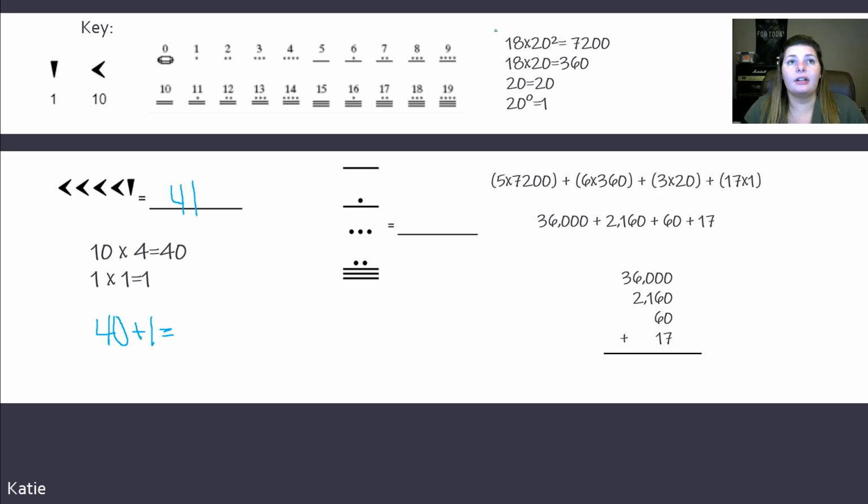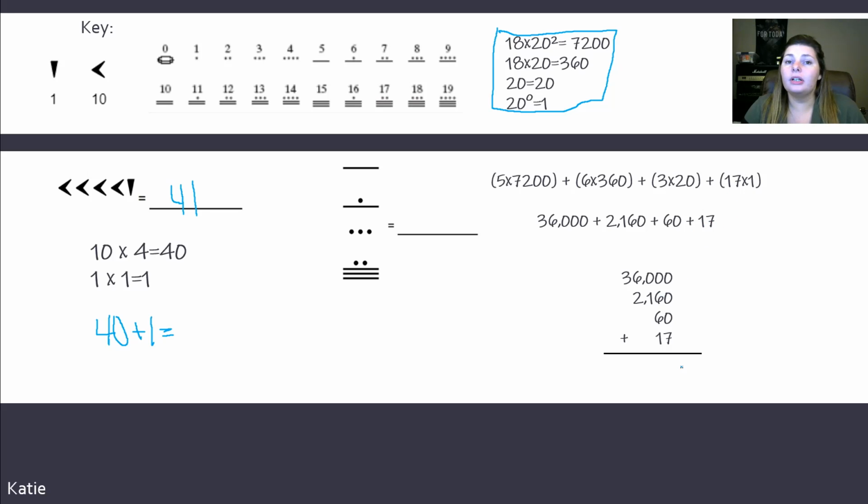So I have here again a key that I used to help me find these numbers. So all I did was do 5 times 7,200, and that gave me 36,000, plus 6 times 360 is 2,160. 3 times 20 is 60. And 17 times 1, again, anything times 1 is itself, so 17.